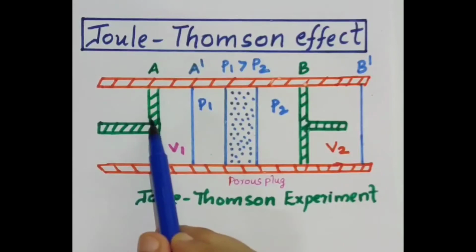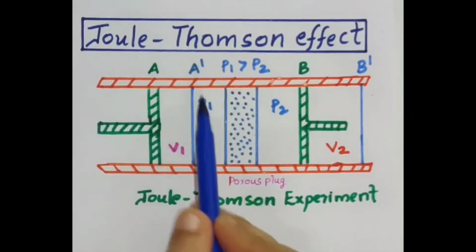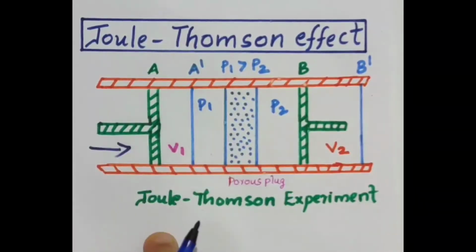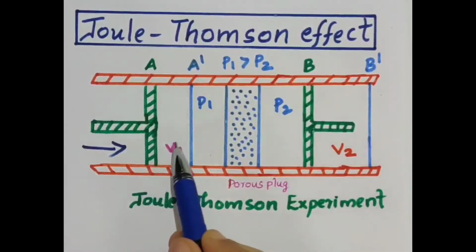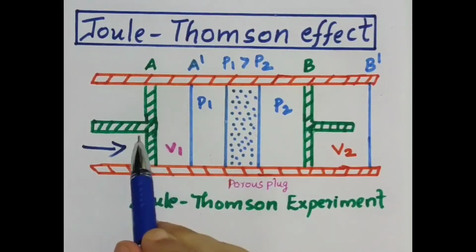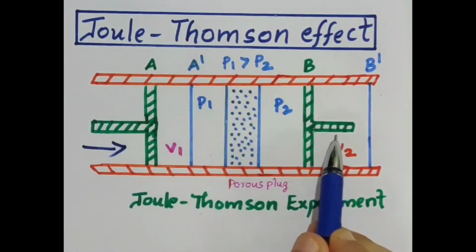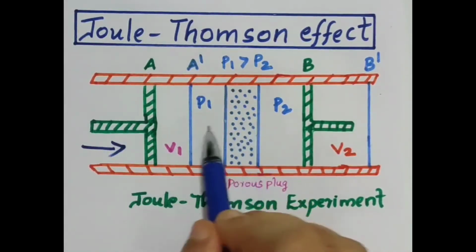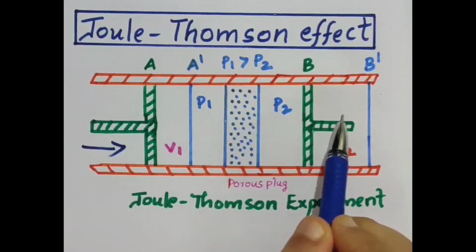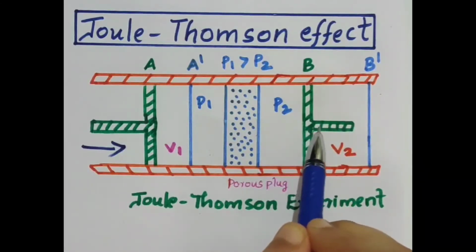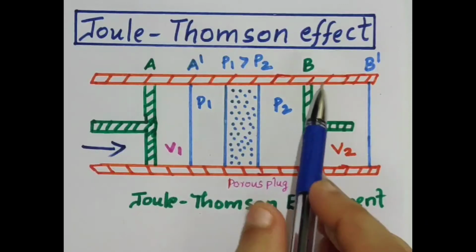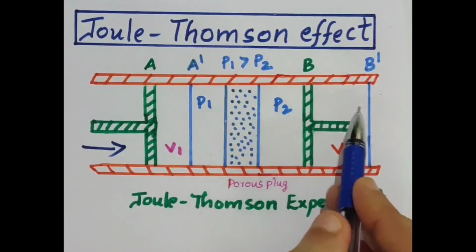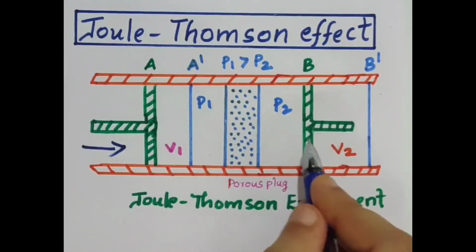When the piston A is moved slowly in this direction, the volume of the gas, V1, is changed into V2. That is, the volume of the gas is forced slowly through the plug into the outer compartment, and is allowed to expand to a volume V2 by moving the piston B outward at the lower pressure P2.